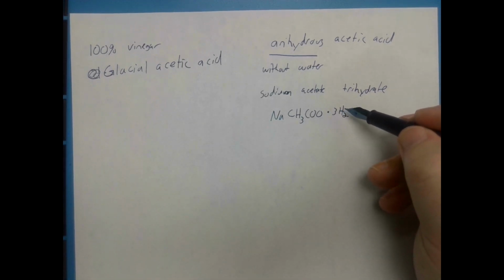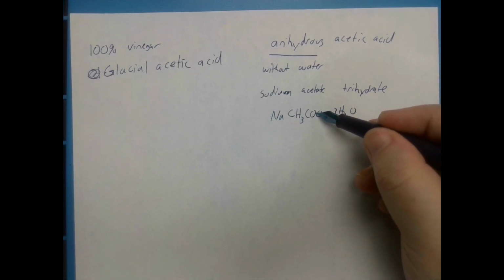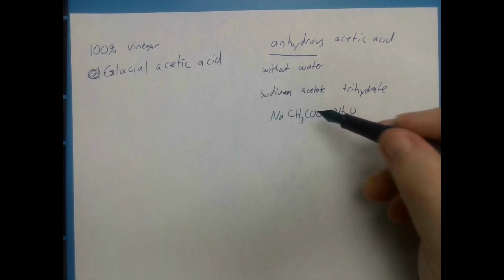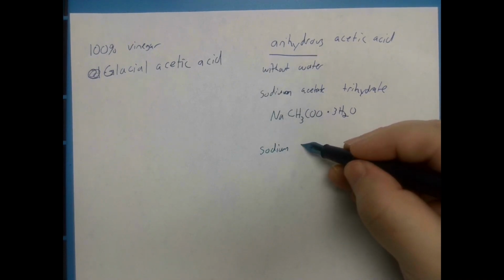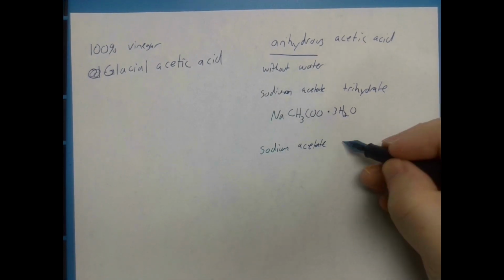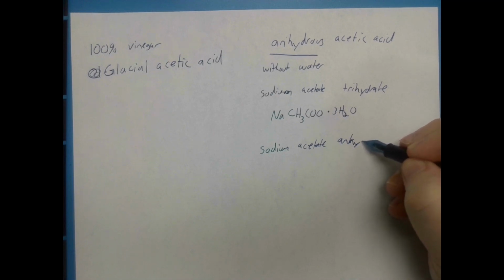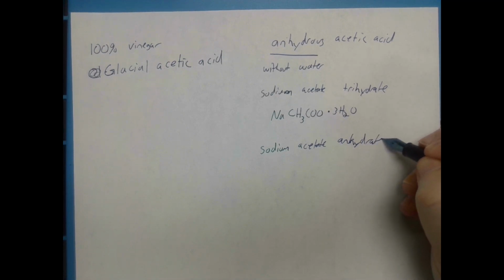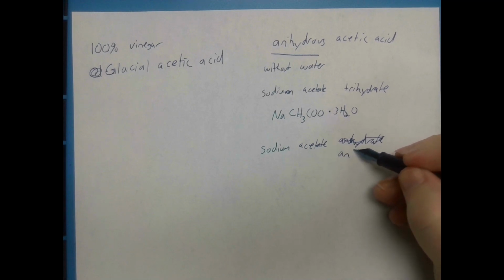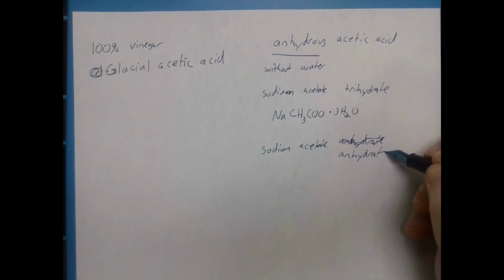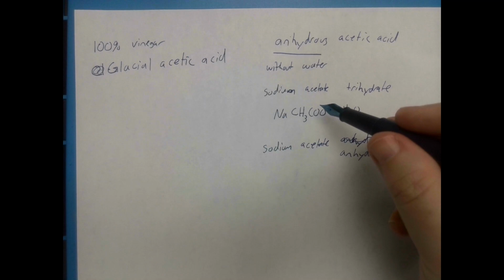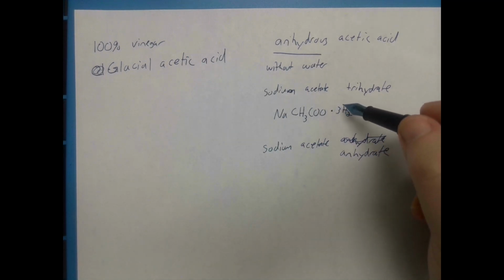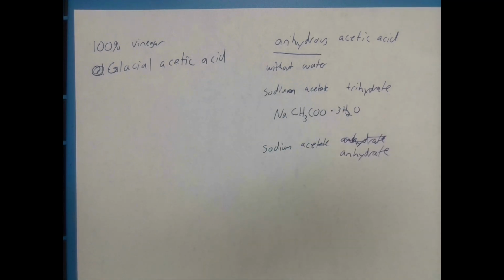There are literally 3 water molecules bonded very slightly to the sodium acetate. You can buy and make sodium acetate anhydrous or anhydrate, but it's not going to stay anhydrate for long, as it will pull water vapors from the air and actually turn into trihydrate.